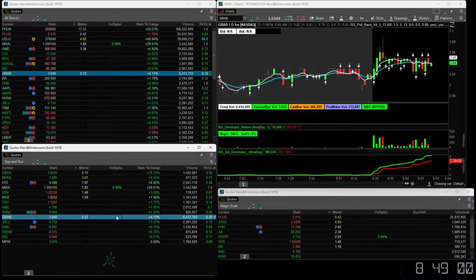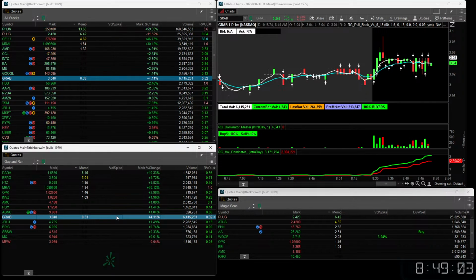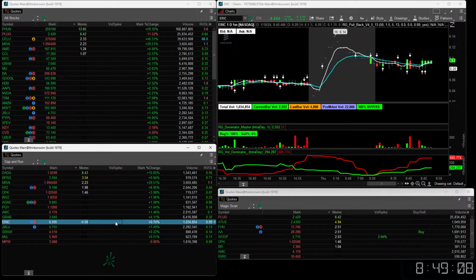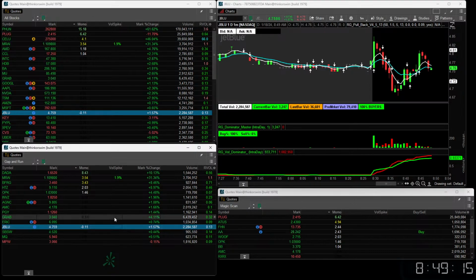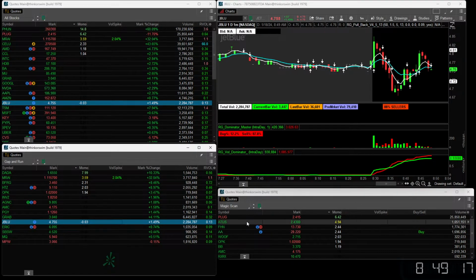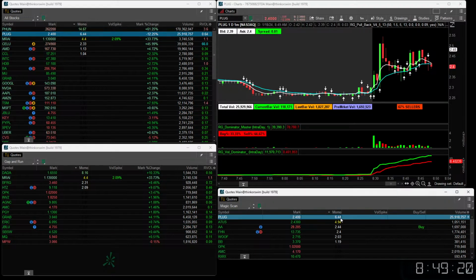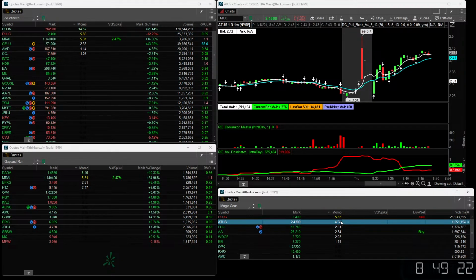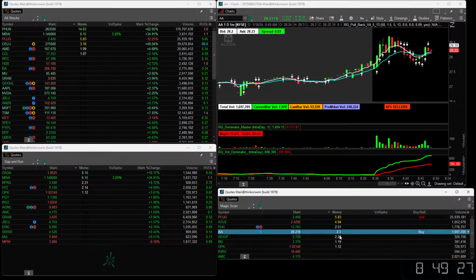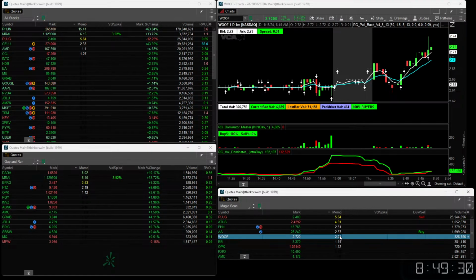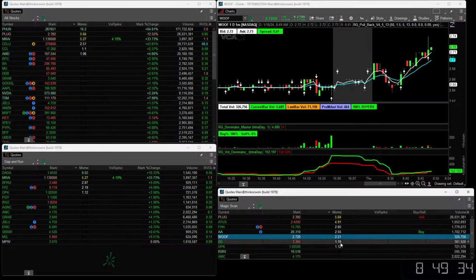AGNC low volume. Grab is channeling. Eric is channeling. SPY slowly pulling downwards. No volume on that one.